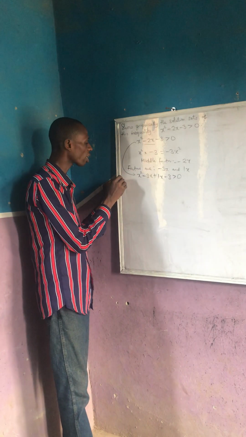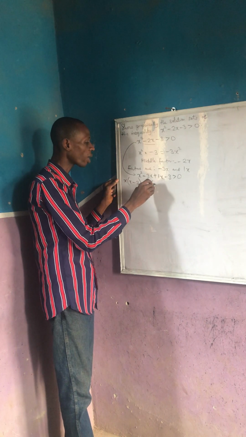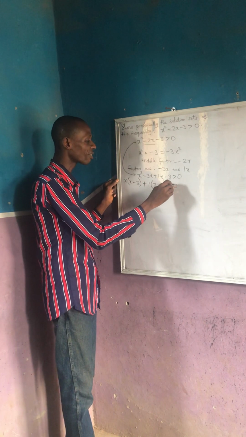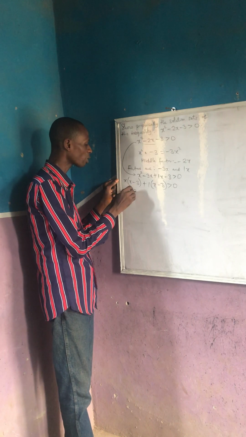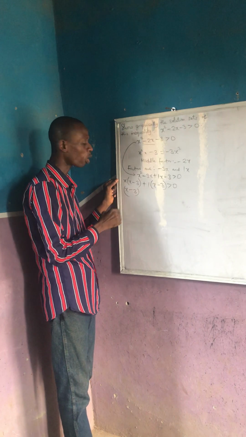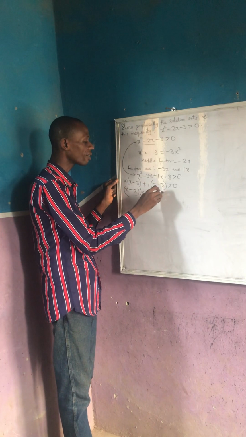Let's factorize very quickly. We have x into x minus 3 plus 1 into x minus 3 greater than 0. Now x minus 3 is a common factor. Then we have x plus 1 greater than 0.